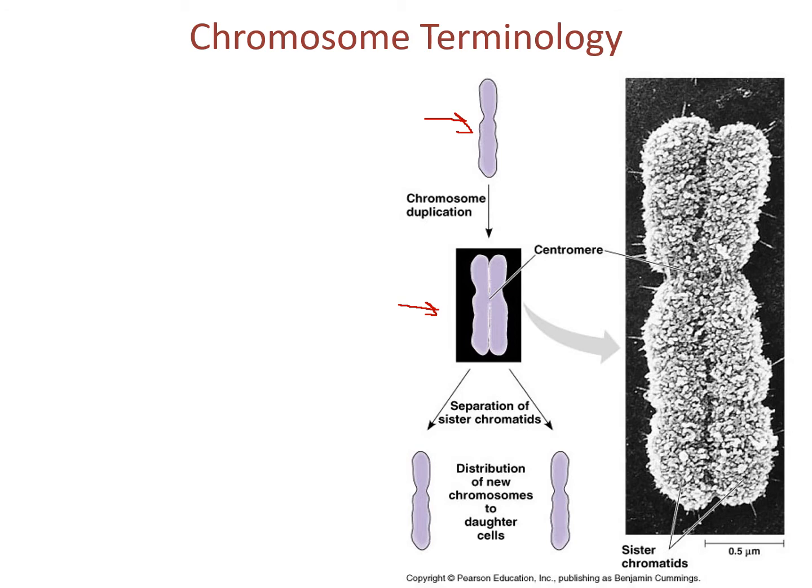After the S phase of interphase, the chromosomes in your cells will consist of two sister chromatids. Each chromatid is one piece of highly condensed DNA, and they're attached at what's called a centromere. So it's a little narrowing, generally in the middle of the chromosome, but it can be towards one of the ends. The next thing that's going to occur, of course, is that those chromosomes are going to be pulled apart.